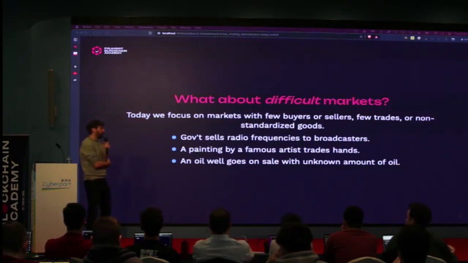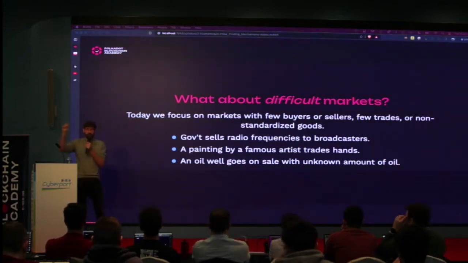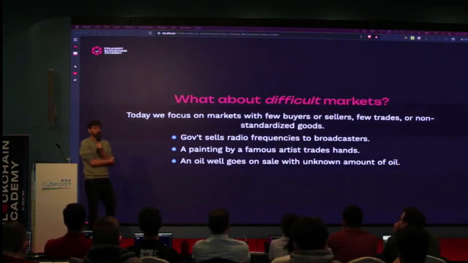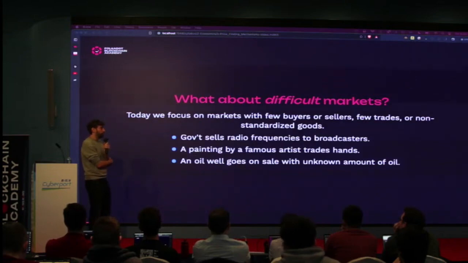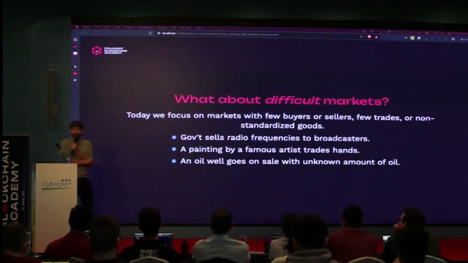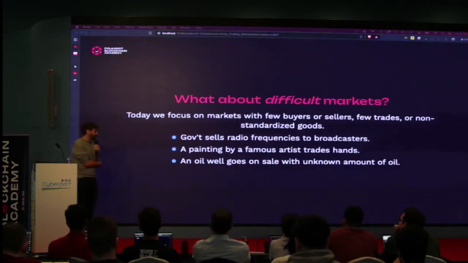I'm not an expert there, but they trade for hundreds of millions of dollars, right? Like one of these frequencies, and you normally have only a few companies in the nation that are actually able to participate, and you only have one seller, right? You only have the government that is able to enforce who can use these frequencies.